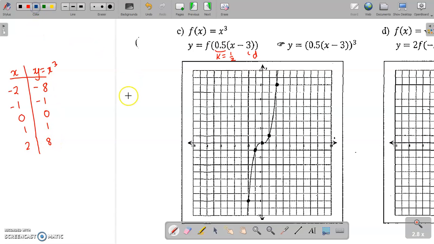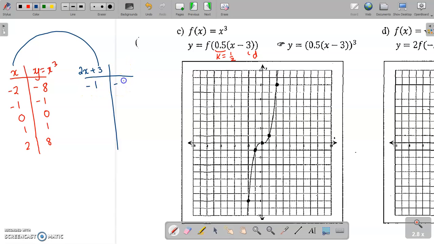Now if I write the transform function, in this case it's only the x values that are affected. It's going to be 2 times x, and then plus 3, because it's shifted to the right 3 units. So then we've got here minus 2 times 2 is minus 4 plus 3. We've got minus 1.